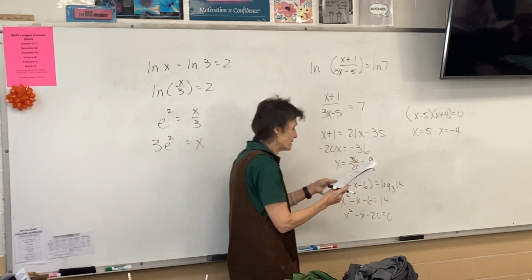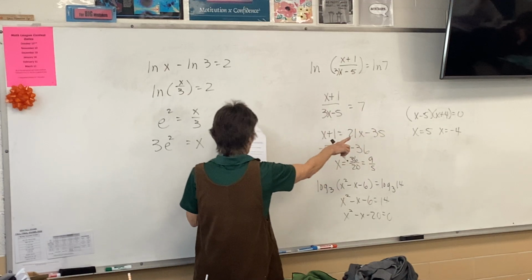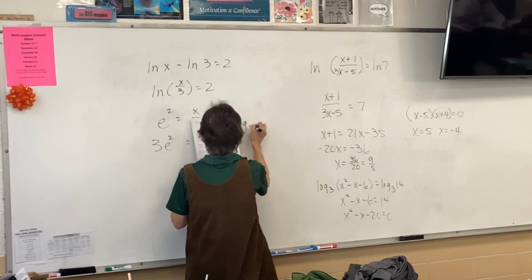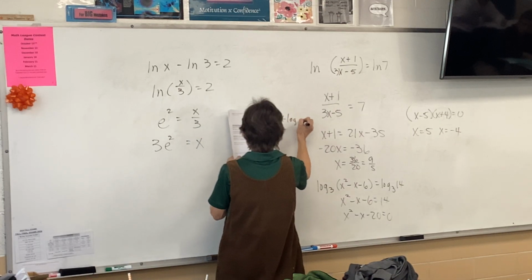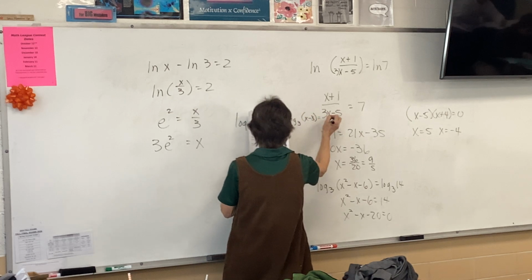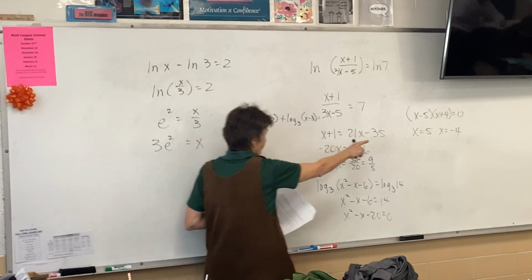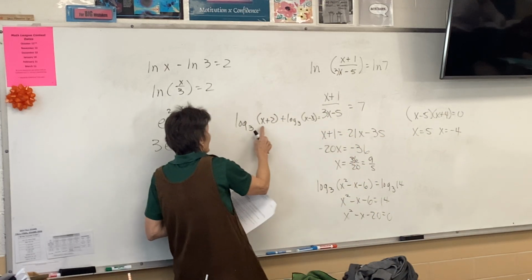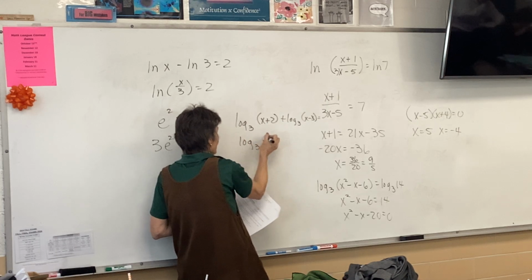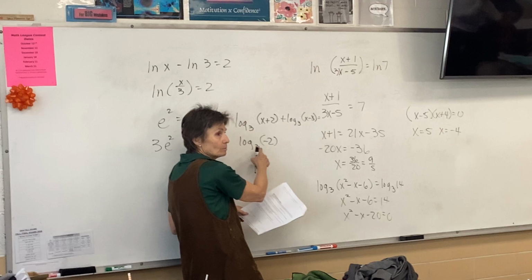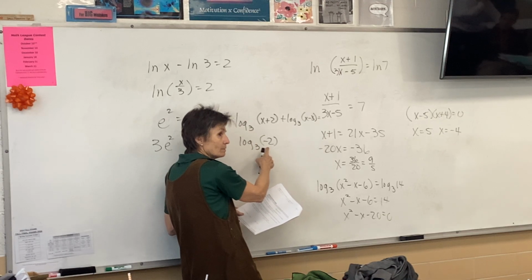Now, here's something we need to talk about. The original problem for problem C, that one right there, was this. Equals log. If I put a -4, one of my answers was -4. If I put a -4 in here, that would mean I would be taking the log of -2. Can I take the log of a negative?